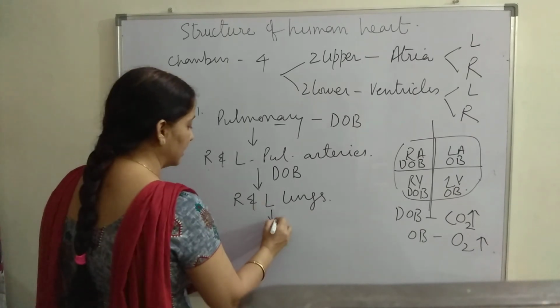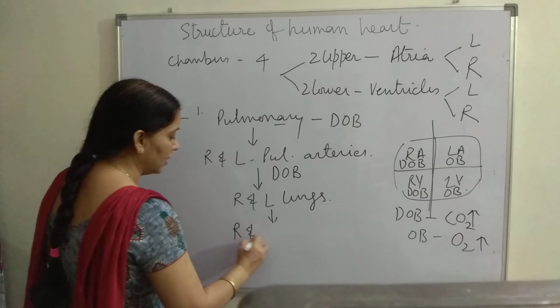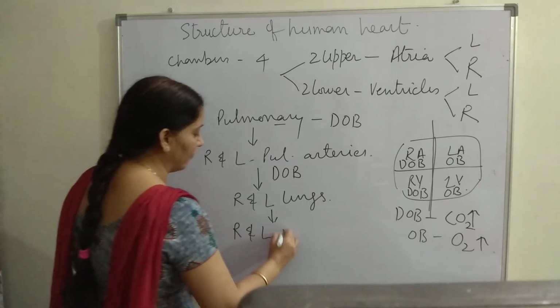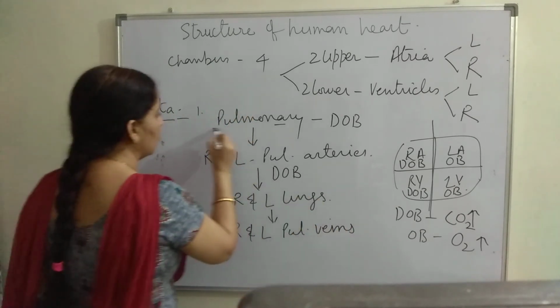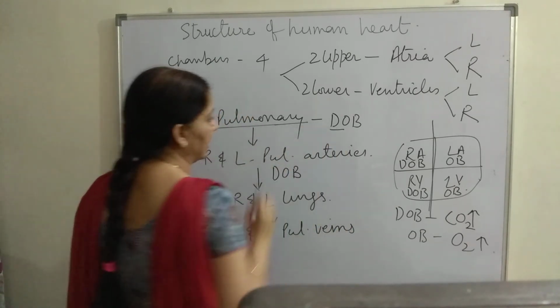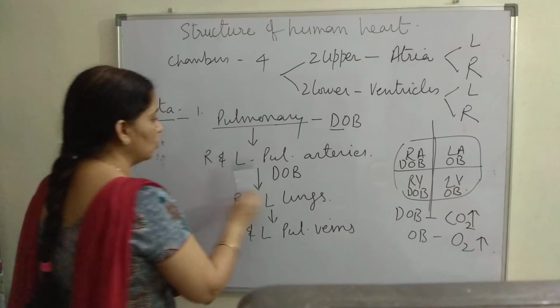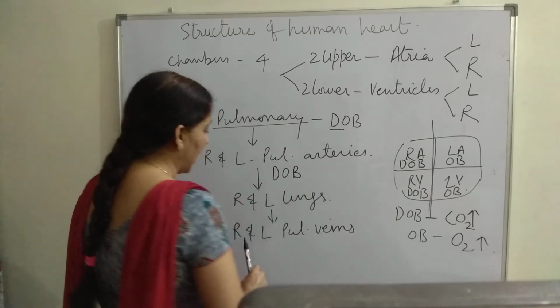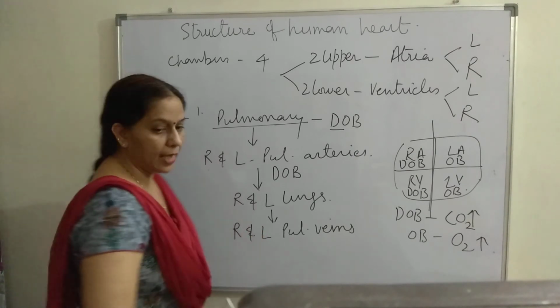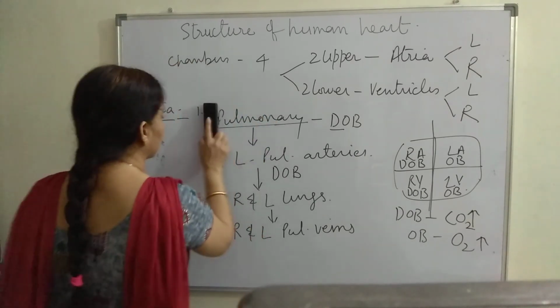From the lungs, blood comes back to the heart through right and left pulmonary veins. This is about one aorta which is carrying deoxygenated blood. It has 2 branches, right and left pulmonary arteries. Right and left lungs are helping in the exchange of gases.